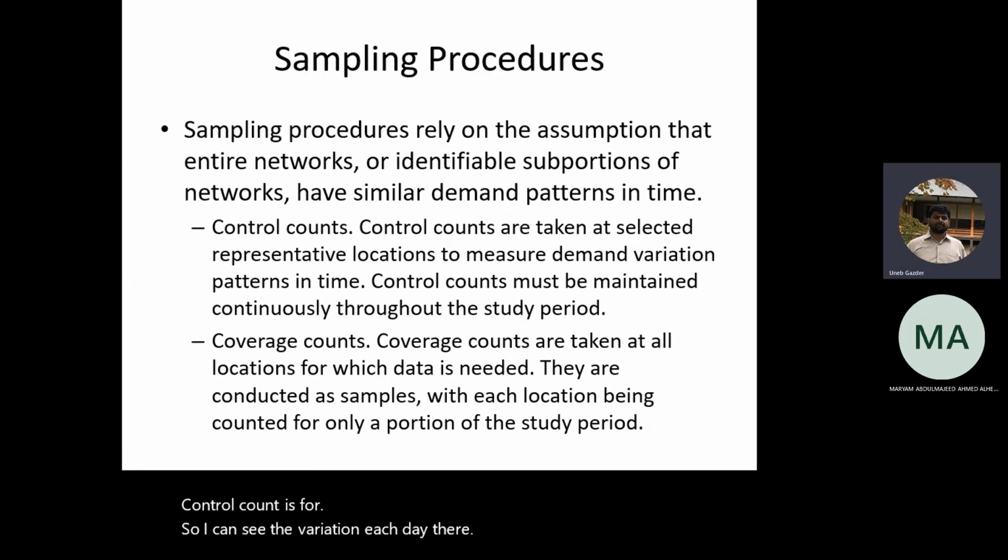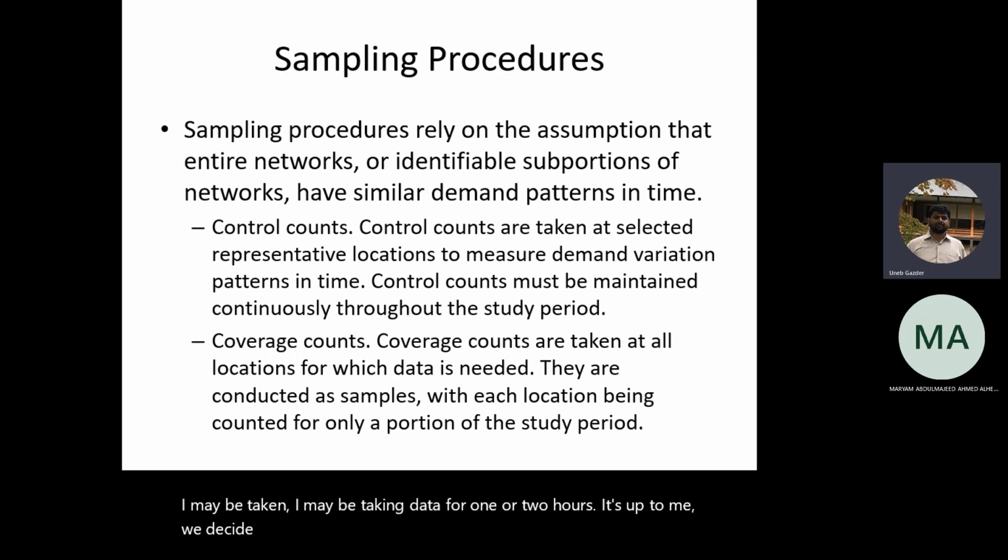Coverage count, the data is taken for a portion of the required period. You need data for 12 hours. Out of the same 12 hours, I may be taking data for 1 or 2 hours. It's up to me, we decide. I need data for 7 days. Out of the 7 days, I may spend 1 day on each coverage location.